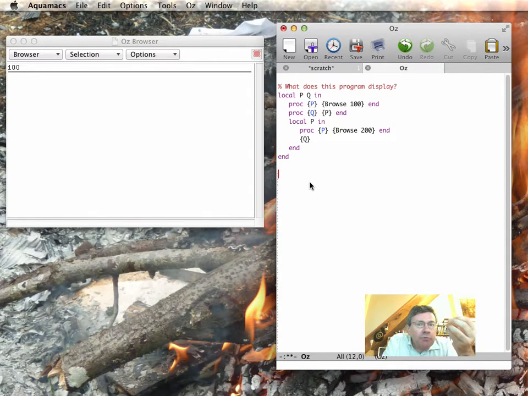Somehow this procedure has to store a reference to the first variable inside of itself in memory. Well, that's exactly what happens.